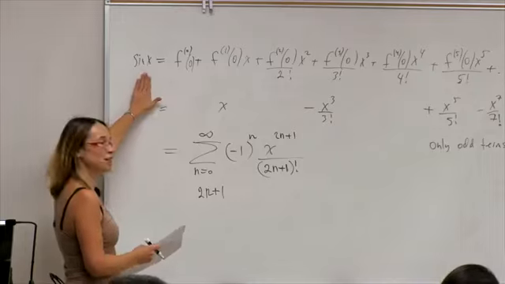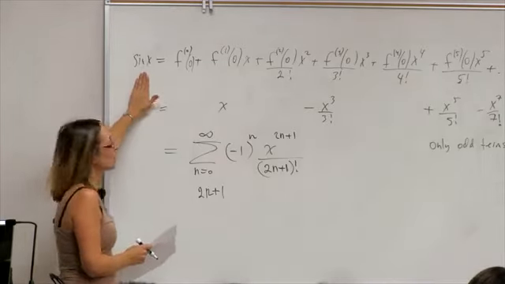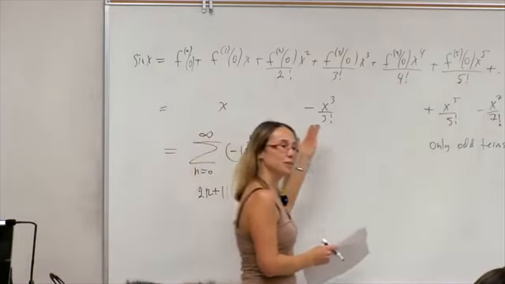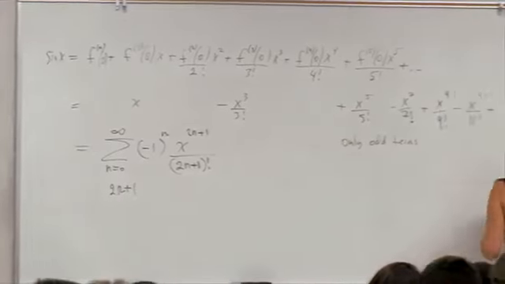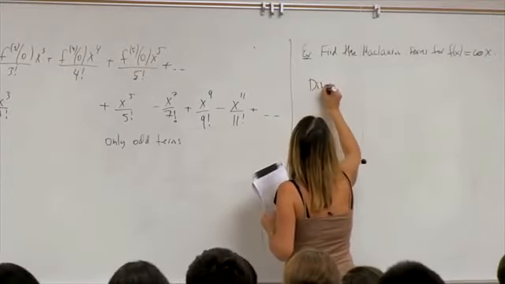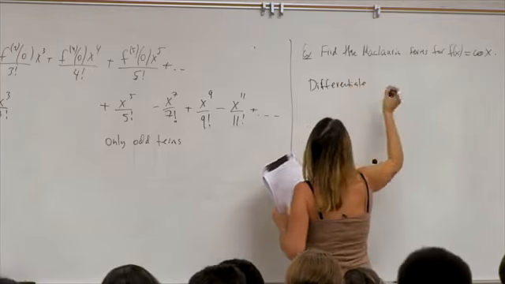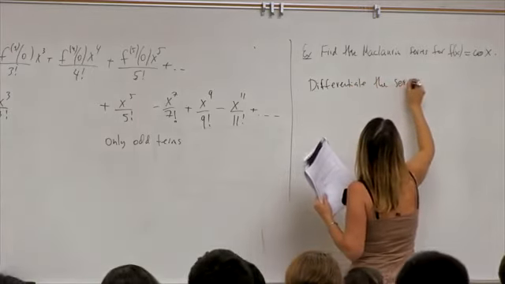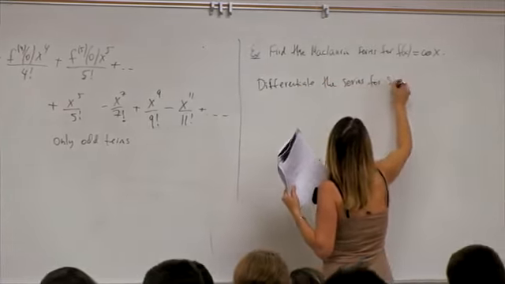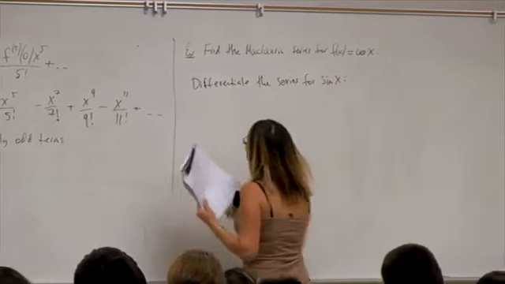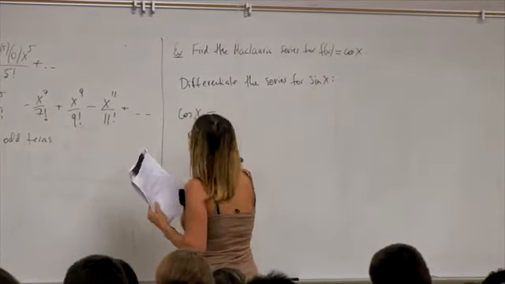So by differentiating the left-hand side, I get cosine, and these are power series, right? They're very easy to differentiate. So differentiate the series for sine x. So on the left, I get cosine x.